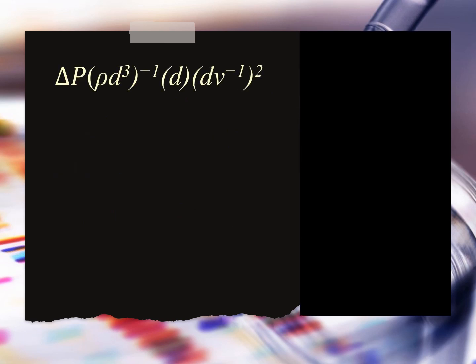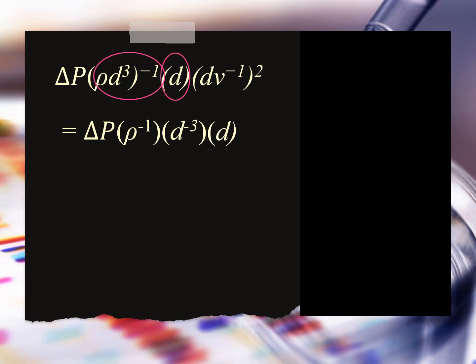which can be simplified. Thus, you have your change of P, and you simplify density D cubed raised to negative 1 into density raised to negative 1 times D raised to negative 3. D does not need simplifying, and you just bring it down. And then we have also DV, quantity DV raised to negative 1, quantity raised to 2, which will now become D squared times V raised to negative 2.